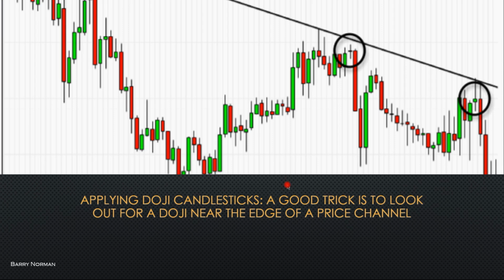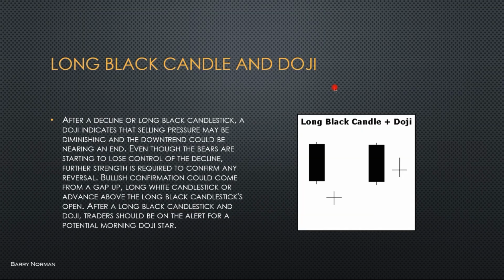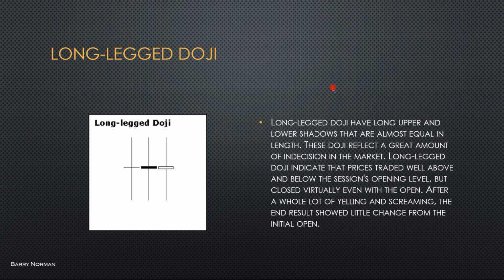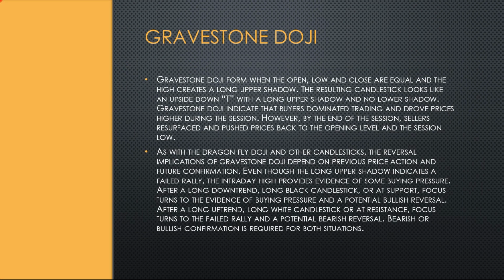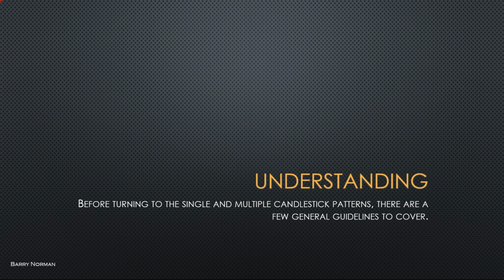And it tells you, a doji that you see near a price channel, you're supposed to do this. Okay, anytime you do something because you're supposed to and you're memorizing, it isn't going to get you anywhere. You have long-legged dojis, short dojis, dragonfly dojis, gravestone dojis. There's a doji for everything.